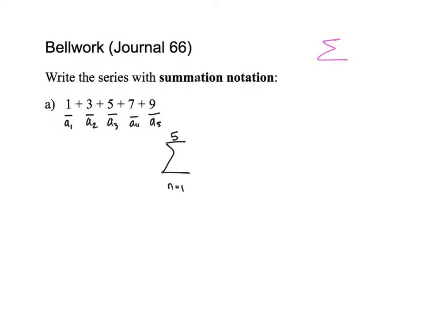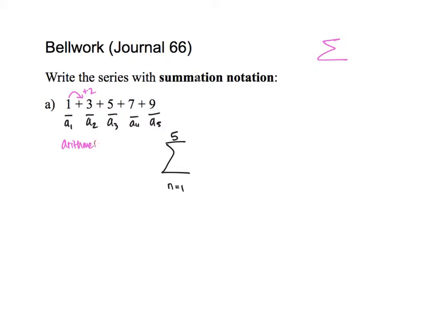From there, I need a formula, okay? So my formula here, I have to look first at the type of pattern I have. So it looks like it's adding by 2, right? It adds by 2 every time to get to the next term. So from there, I can say that, well, if it's adding by the same number, this is arithmetic.